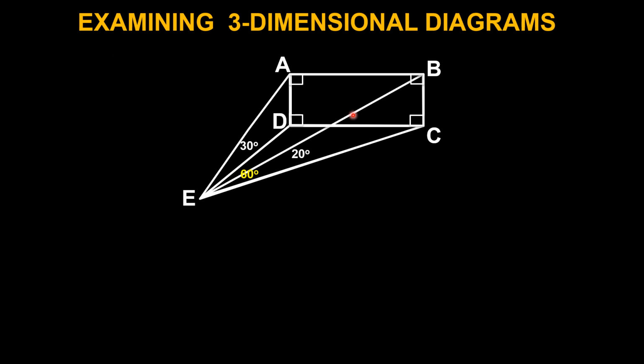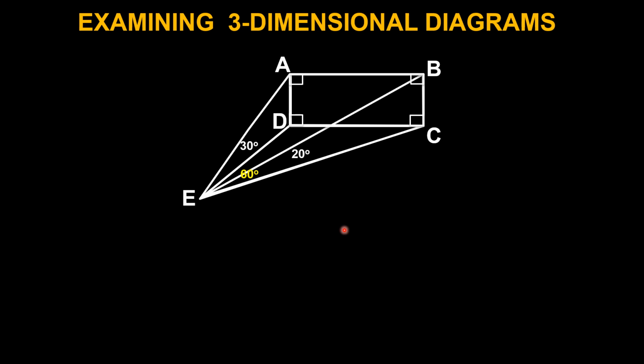Let's consider another situation here. Here we have a rectangle ABCD, which could represent a vertical wall, right? We have a point E, which is on the horizontal plane, and EDC lies in the same horizontal plane, right? So we have EB that can be joined, and we can have EA that can be joined. As you can see, there seems to be quite a number of triangles here, right?